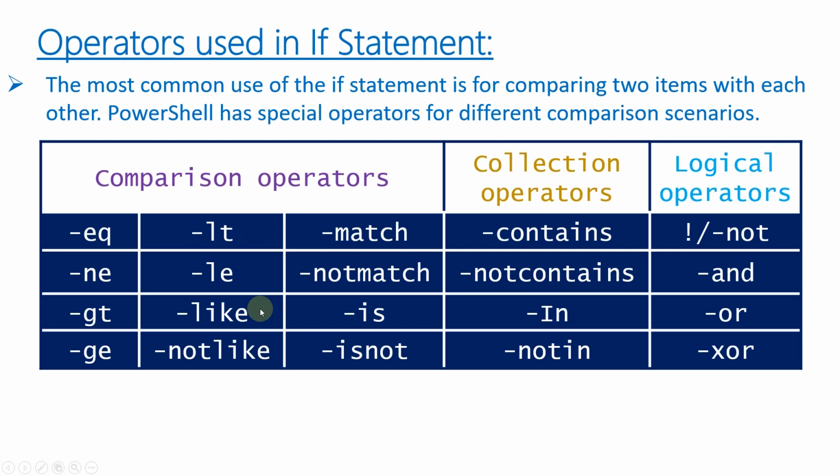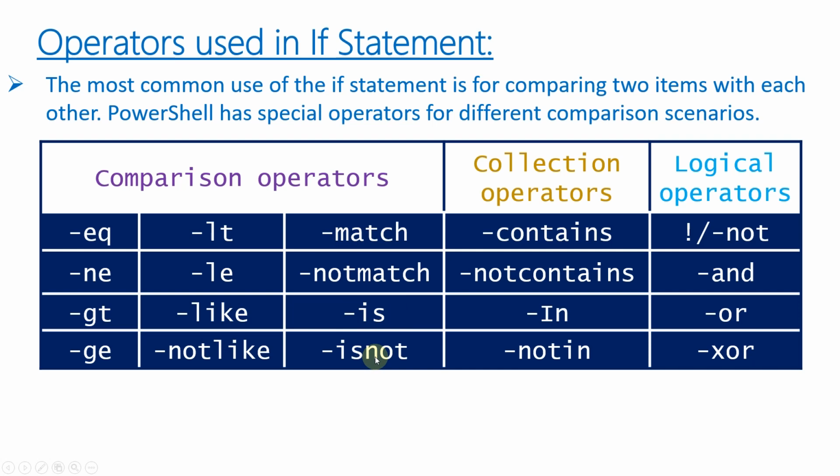If we have two items, then we can use either a comparison operator or a collection operator. We can check equal to, not equal to, greater than or equal to, less than or equal to, or if we have a string and want to check some wildcard, then we can use like, not like. If we have some regular expression, then we can use match, not match, and if we want to check some type, then we can use is and is not.